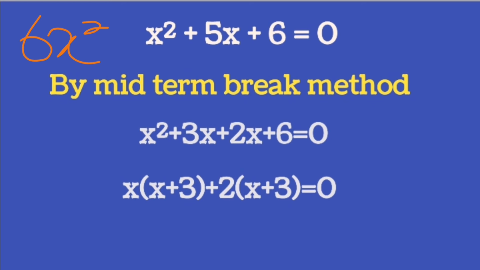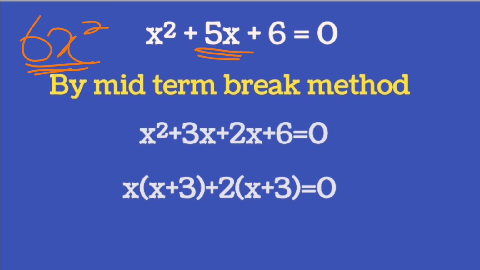Now we have to search for two numbers whose multiplication is 6x square and their sum must be the midterm 5x.